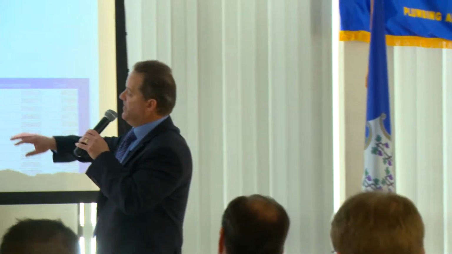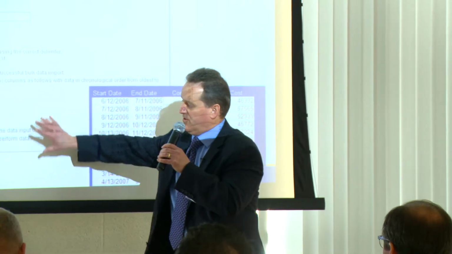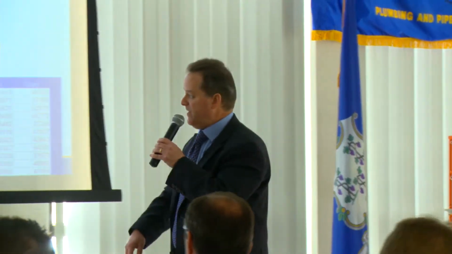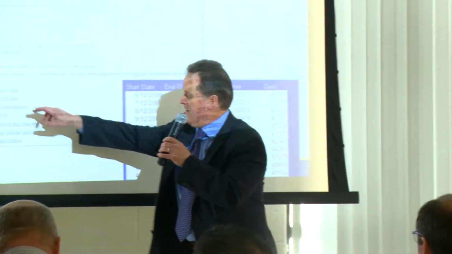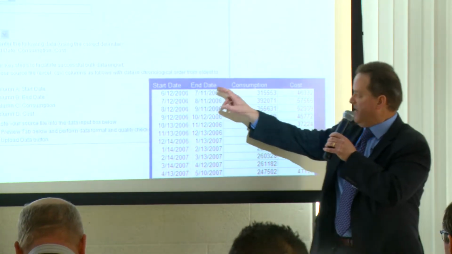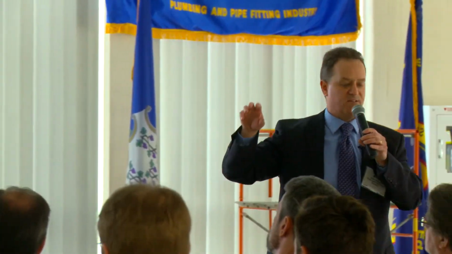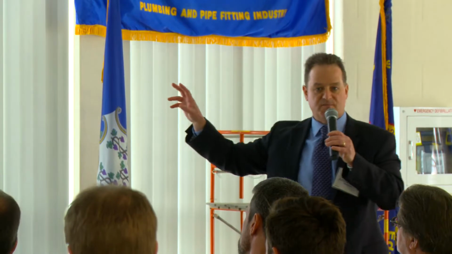Inside the CDMP, there is a module where you simply take that electronic utility bill data, and as long as we're mindful of this convention of start date, end date, consumption, and cost, it will automatically upload that baseline data into the system.